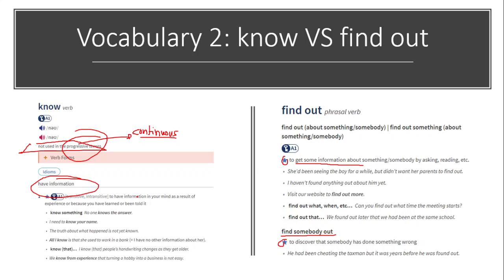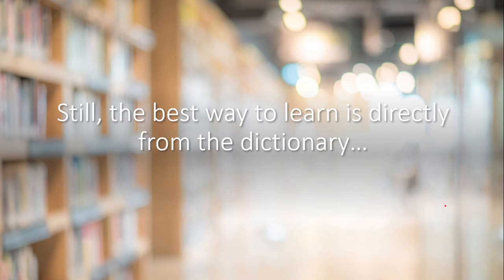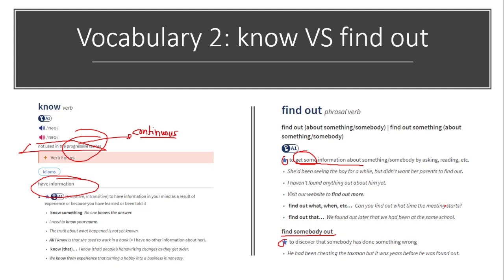So know means you have the information. We don't talk about how you get it. Well, find out, we talk about how you get it, it means to get some information, the process of knowing. Alright, we call it find out. Okay. Yeah, and still the best way to learn is directly from the dictionary, as I said before.